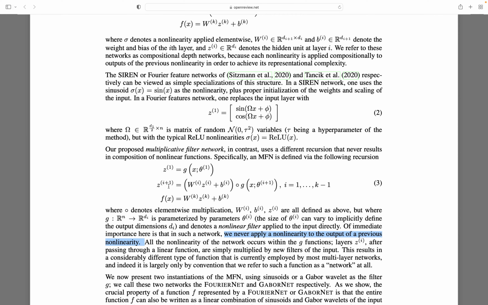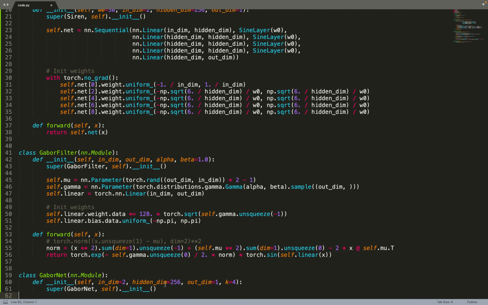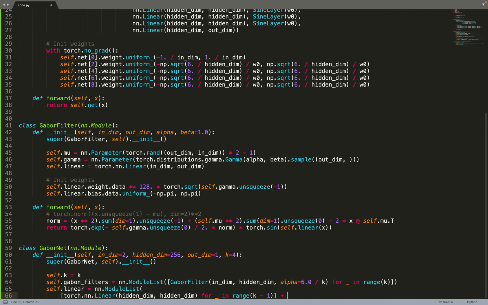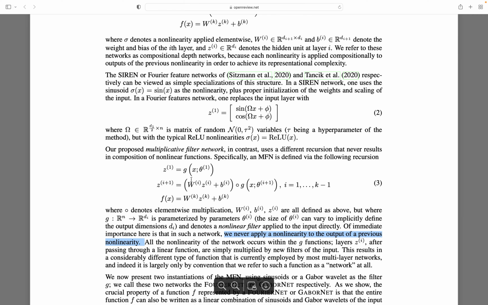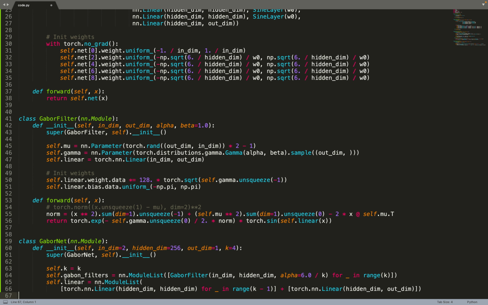So we can now implement that. It's like a neural network with a given number of hidden layers. By default we use k, which is the number of hidden layers. We use 4 hidden layers. Okay, so we create the Gabor filters. So we have a list of k Gabor filters, and then there are also those linear layers that we need to store, and we make a list of 4 linear layers.